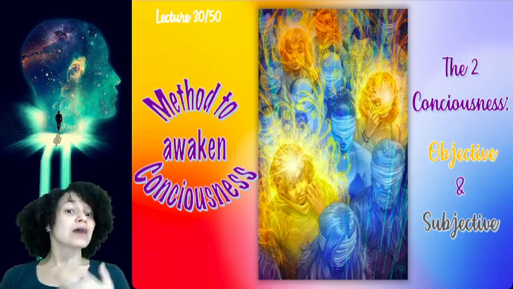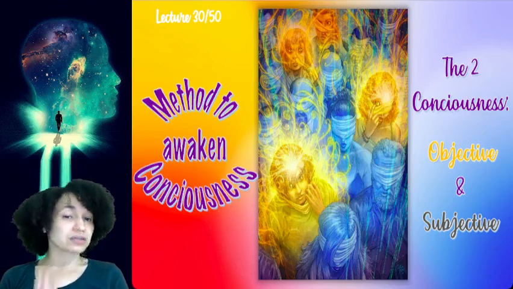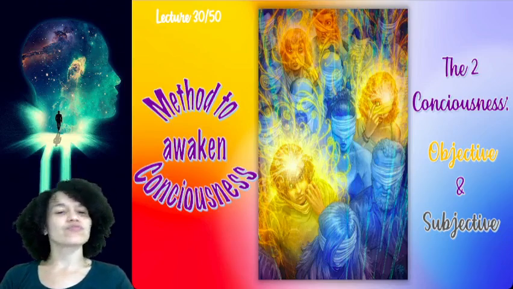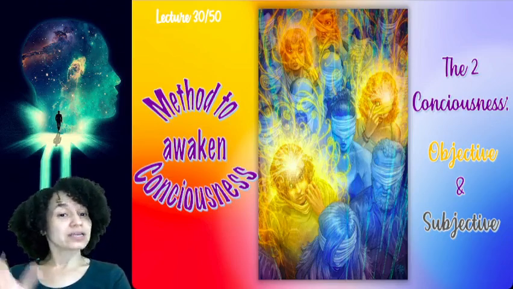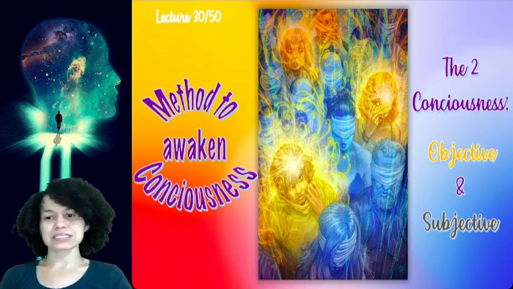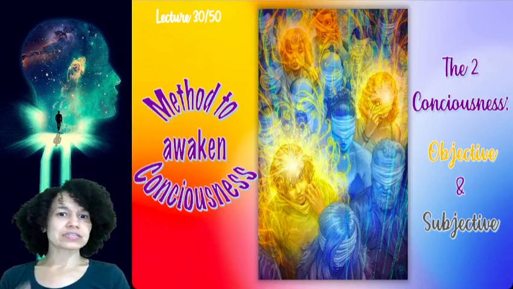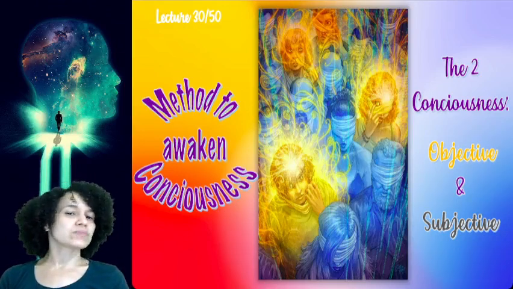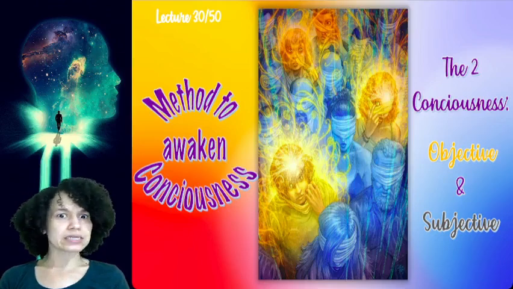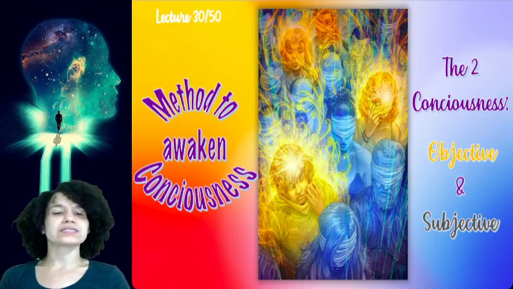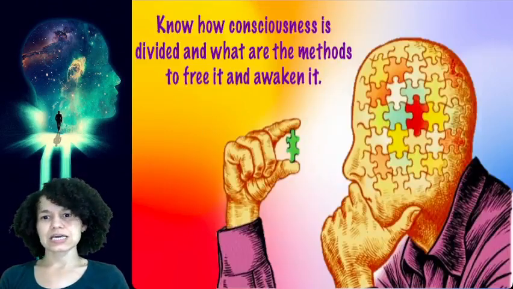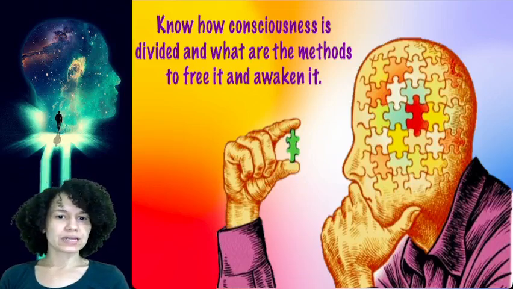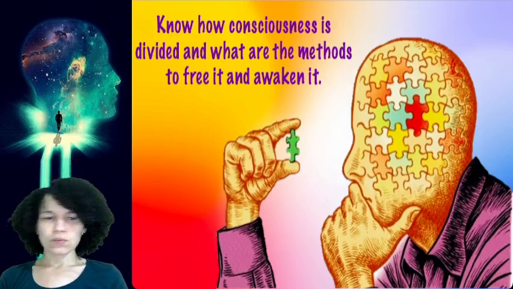We are going to see how we can awaken our objective consciousness and how we can free and awaken our subjective consciousness. So I think the first thing we should make clear is what is objective and what is subjective. And let's start with today's lecture.